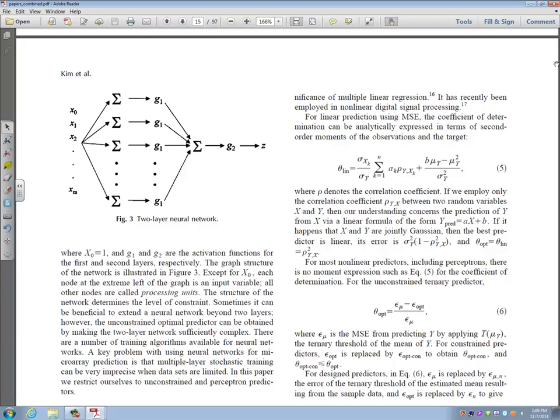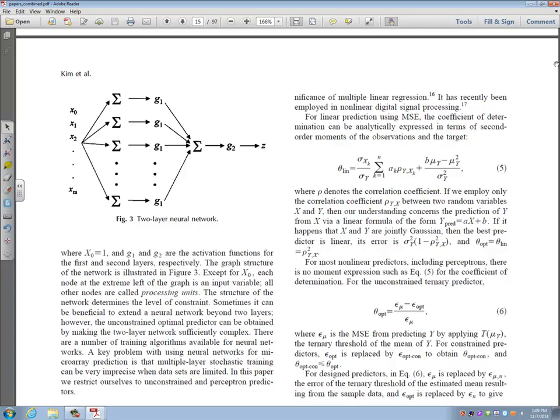Actually, it's y using the thresholding function applied to the mean. Because here you have a perceptron, so you have this linear thing passing through a thresholding function. So that is epsilon mu, and then this is the error that you get from the predictor that you come up with using all the data.